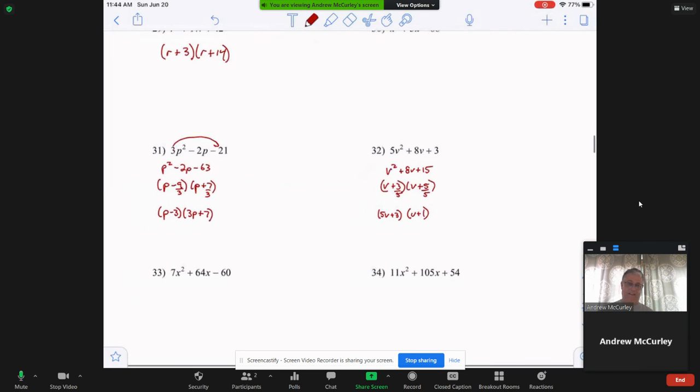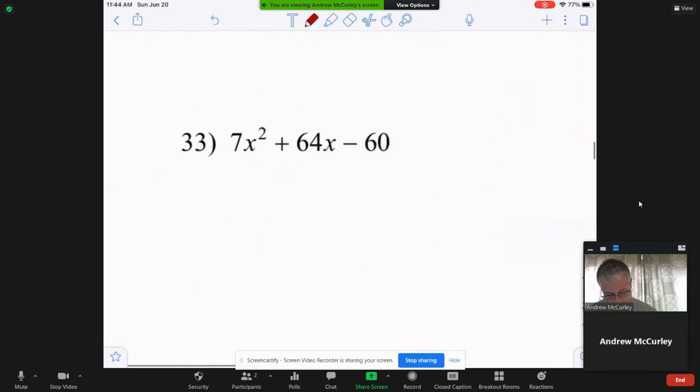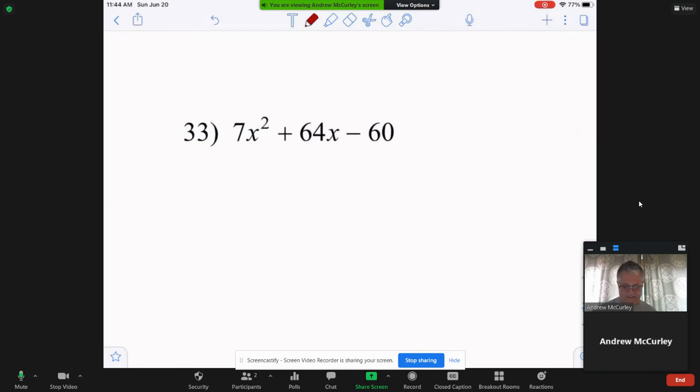Now the numbers can get a little bigger. So this is where it might get a little crazy. This is going to be x squared plus 64x minus 420. Eek. All right, well, we've got to think about that. Obviously we can do the whole thing, 1 and 420, 2 and 210, let's say 10 and 42.